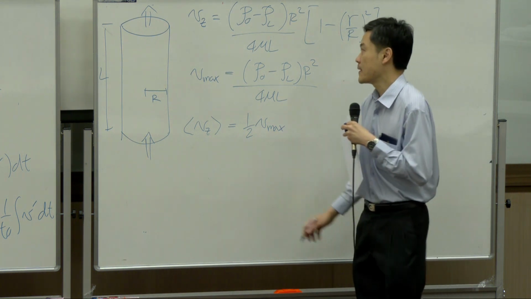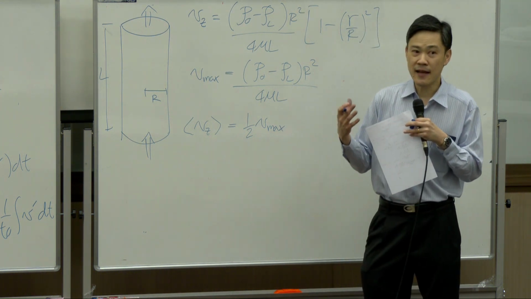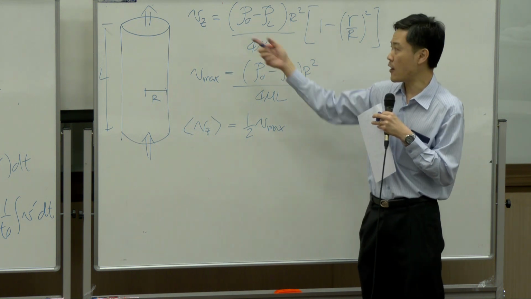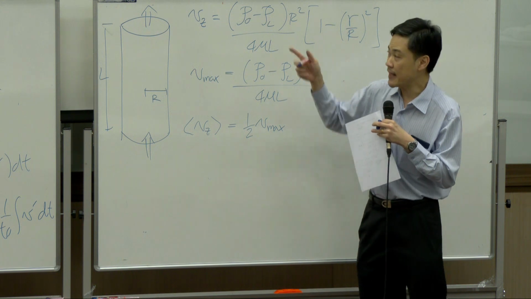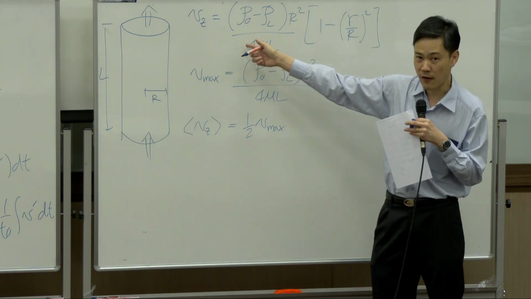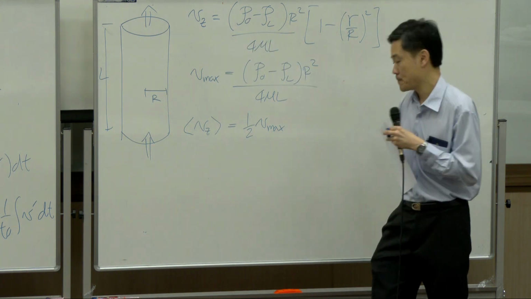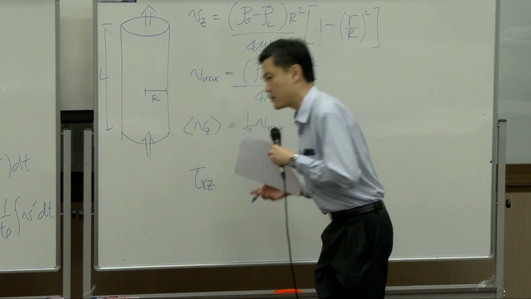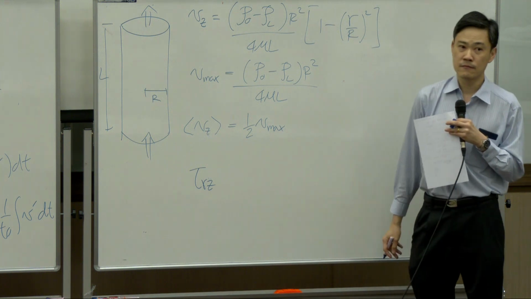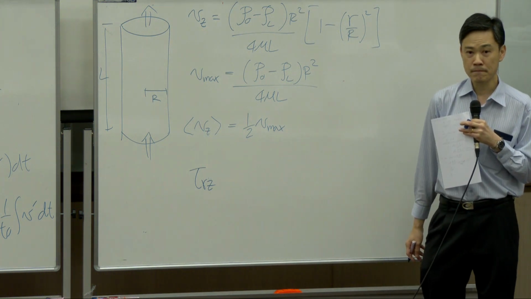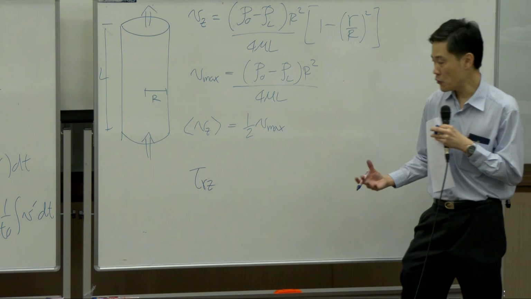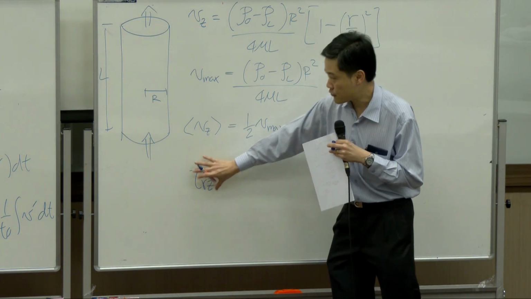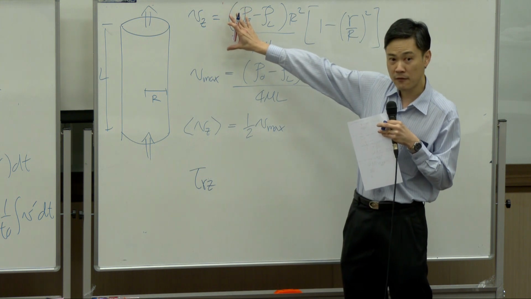Okay? Now, if instead of asking you to derive the velocity profile, I give you this velocity profile, can you find shear stress? Can you do it? In chapter 2, we start from shear stress and then integrate shear stress to get the velocity profile.